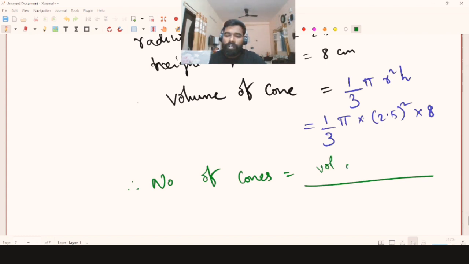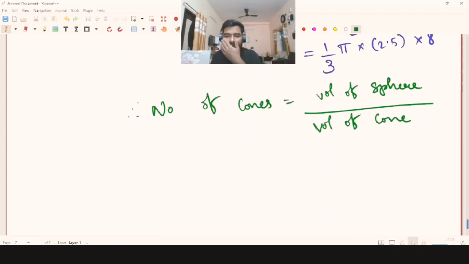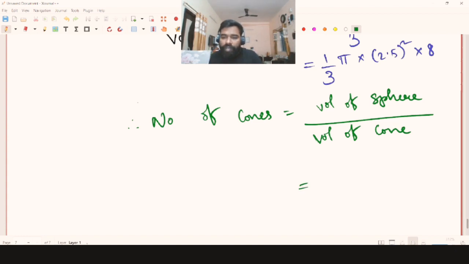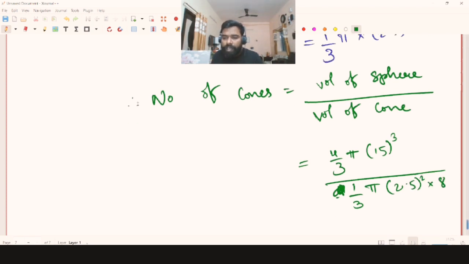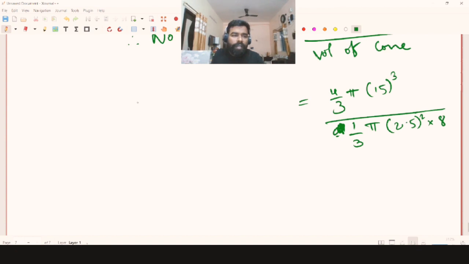So that is volume of the solid sphere by volume of the cone. We had 4 by 3 pi, r was 15 cube, and here 1 by 3 pi, r is 2.5 square, and height is 8.